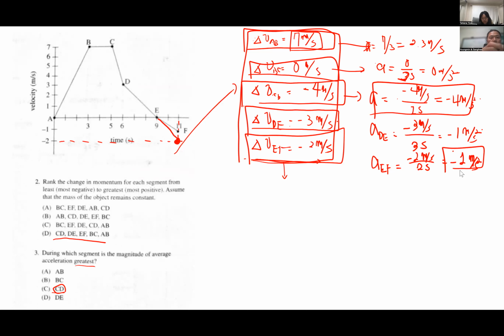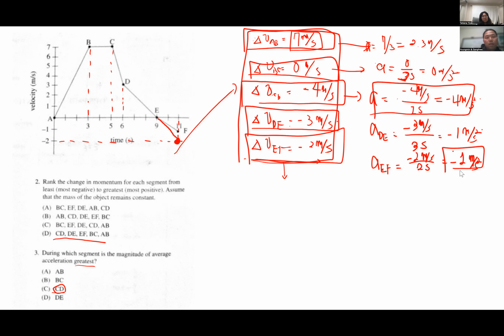So let me split. So the distance is the area underneath the velocity graph, right?